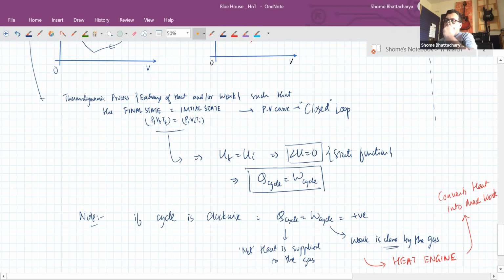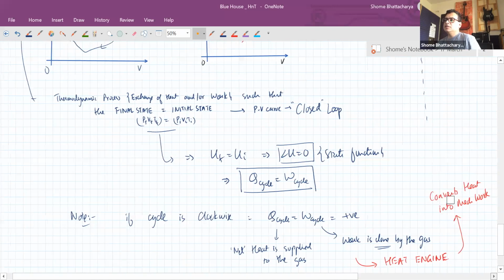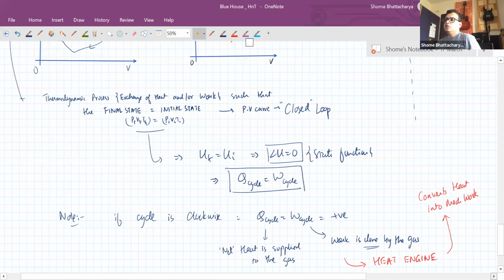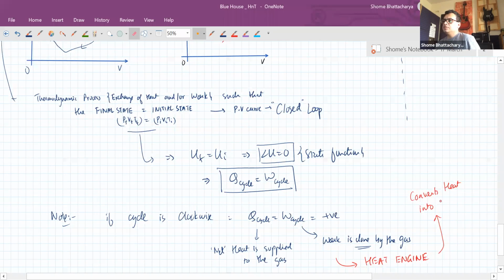Okay. So for example, anything from an internal combustion engine to a steam engine to a nuclear power plant, etc. It does this kind of thing. It converts heat into mechanical work. Now I'll show you the logic of why clockwise means this also in just a moment.